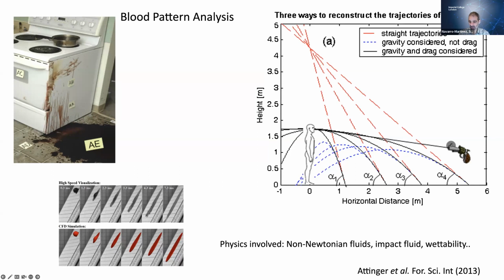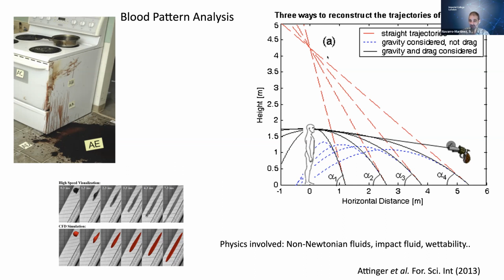You see here you have a blood pattern. They can measure the angle by looking at the shape of the blood stain, and they can try to reconstruct the pattern. If they have several stains, they can see where the trajectories merge, which would be the position of the victim.